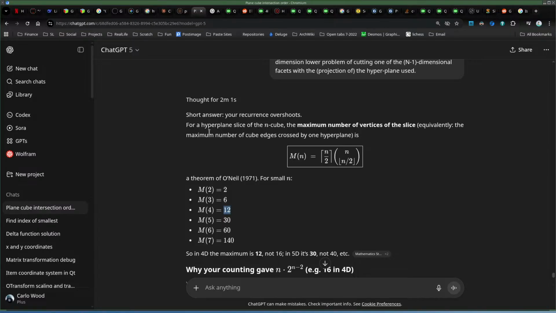For a hyperplane slice of the n cube, the maximum number of vertices on the slice, equivalent to the maximum number of cube edges crossed by one hyperplane, is m of n, which is the ceiling of n divided by 2 times the binomial of n over the floor of n divided by 2.